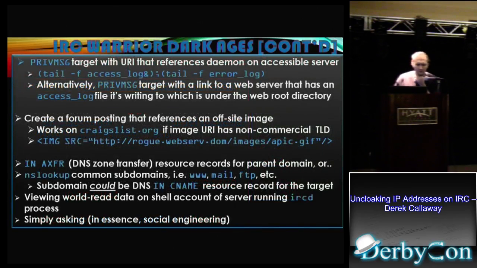Okay, so these are some of the techniques that people would use to get others' IP addresses. They would paste a link and then check the access log because they knew that no one else had accessed that page.